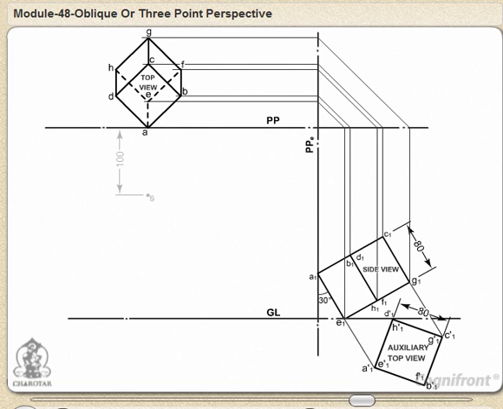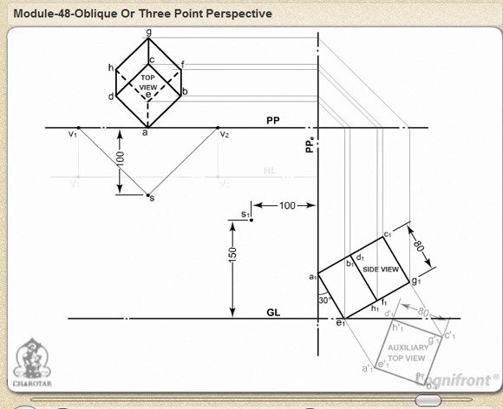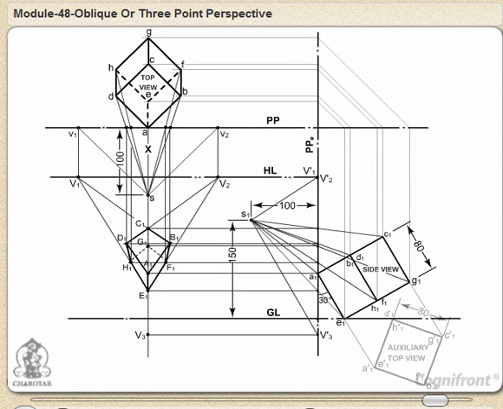Mark the station point S for FV and S1 for SV at a distance of 100 mm from PP and PPE respectively and 150 mm from GL. Obtain the three vanishing points V1, V2 and V3 and complete the perspective view as shown.